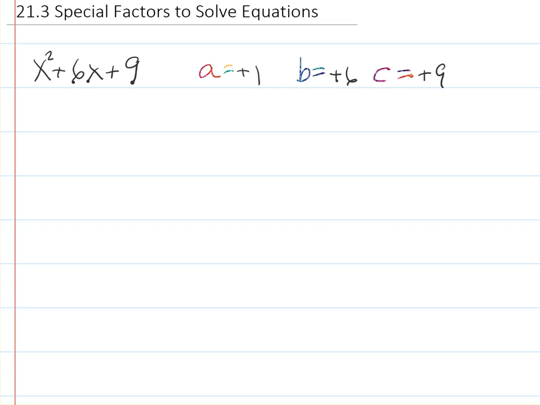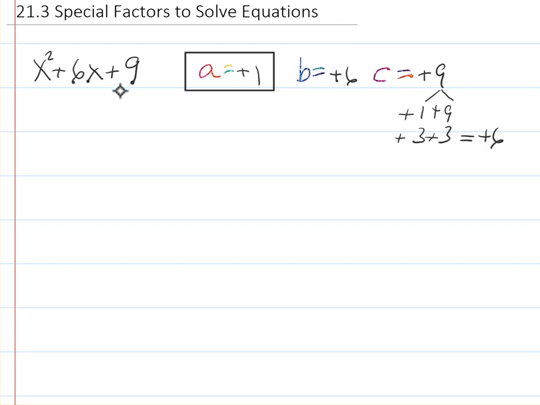As with the very first example I gave you in video 1, since A is positive 1, we're just going to look at all the factors of 9. So we got 1, 9, 3, 3. Really, that's about it. Since everything is positive, make everything positive. And by now, your brain should be well focused on what combination gives you positive 6.